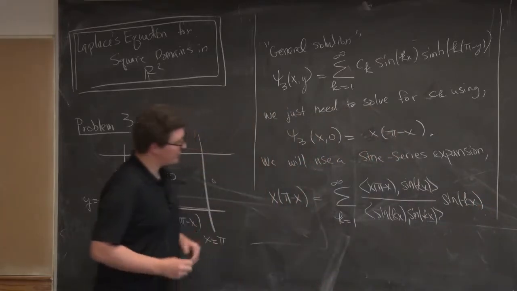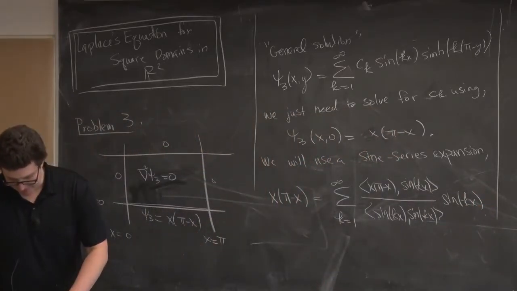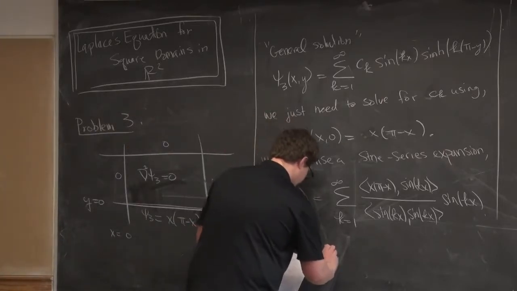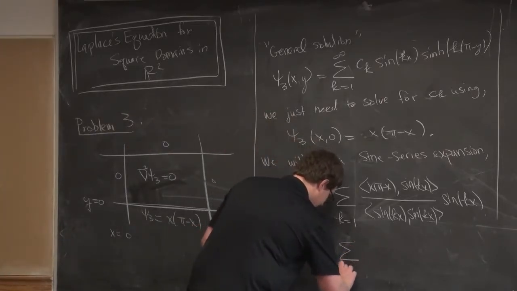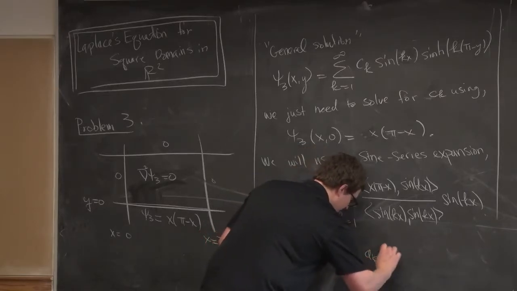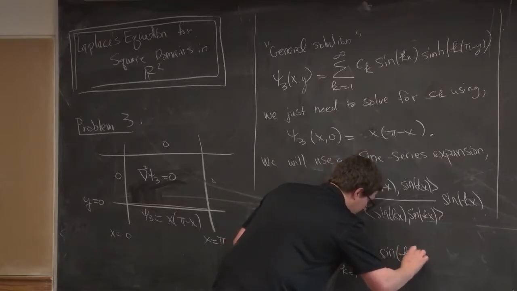We're going to solve for this, and what does this end up being? Let's just call this the sum from k equal to 1 to infinity of a_k sine of kx.